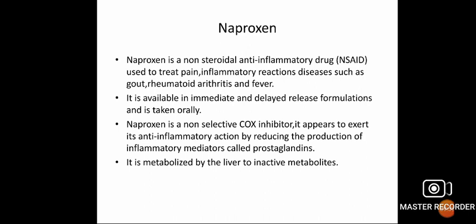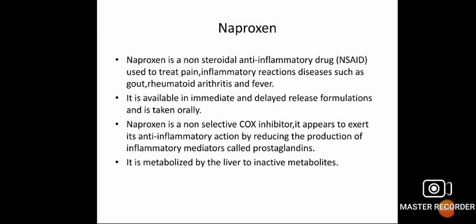Naproxen is a non-steroidal anti-inflammatory drug that is used to treat pain, inflammatory reactions, and diseases such as gout, rheumatoid arthritis, and fever. Rheumatoid arthritis is an autoimmune disorder which can also be treated to avoid the pain.